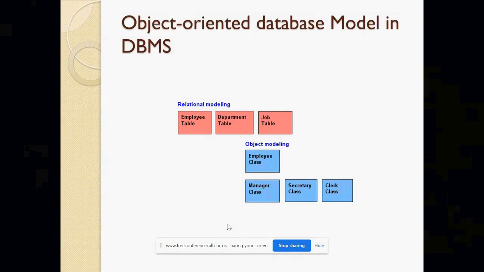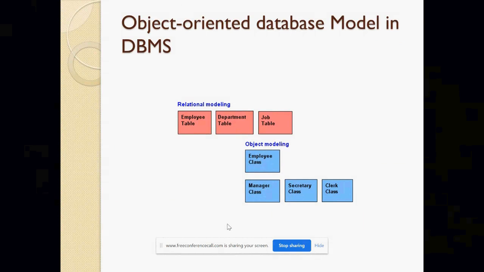Yes. So in relational modeling, we see that employee table, department table, and job table, all the three are arranged in the same table as the three columns. But in object-oriented modeling, object-oriented database, what is done, that employee is made as a class. And in employee, the manager, the secretary, and the clerk will be made as subclasses in one table.